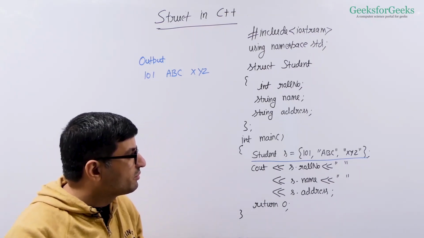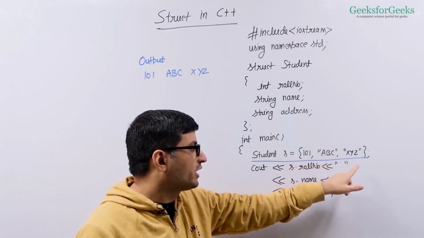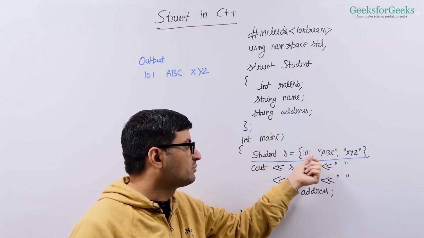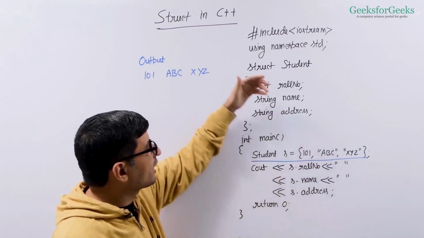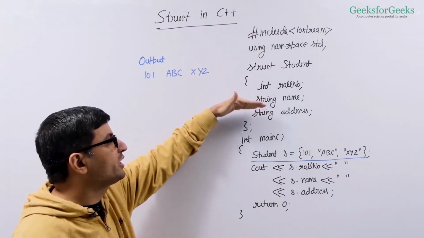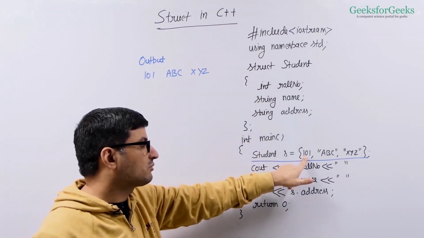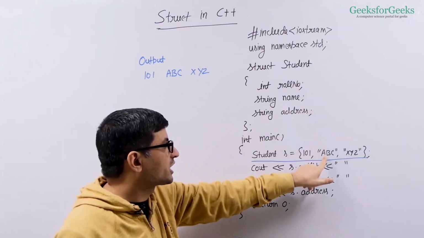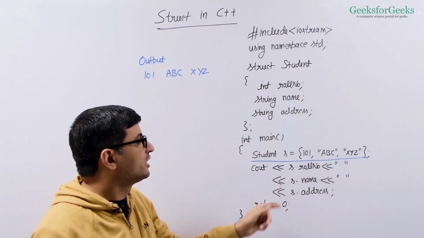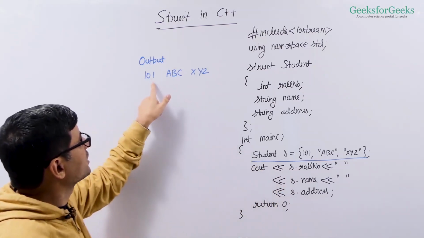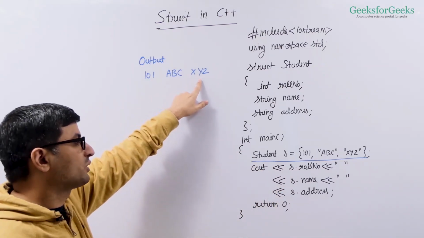We can initialize the members using these curly brackets and writing the values of these members one by one. We must write these values in the same order as they appear in the student declaration. So the first value is assigned to the first member, second value assigned to the second member, third value assigned to the third member. So you get the output as 101, ABC and XYZ.